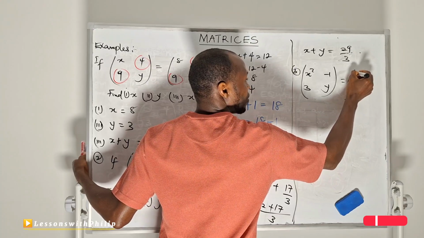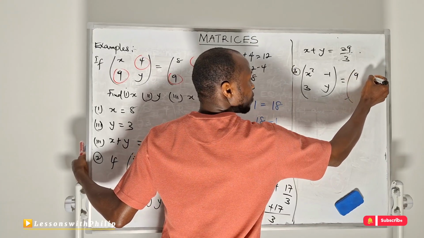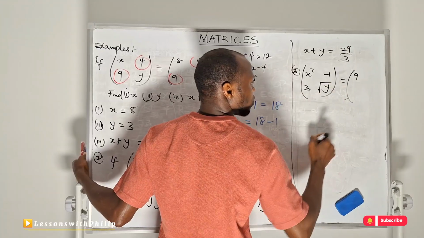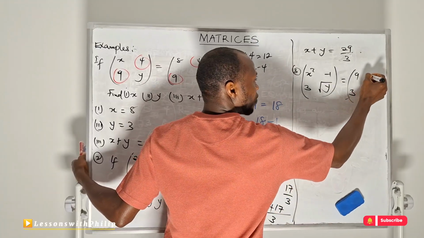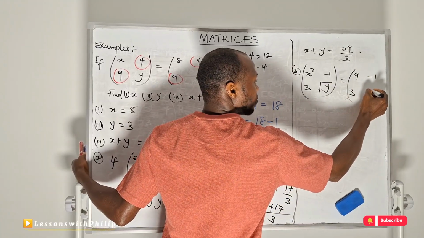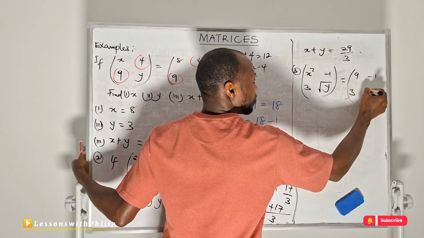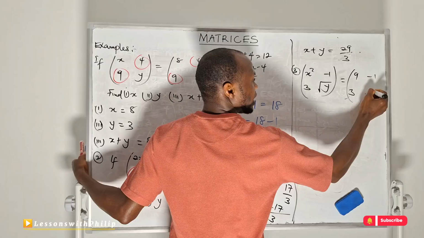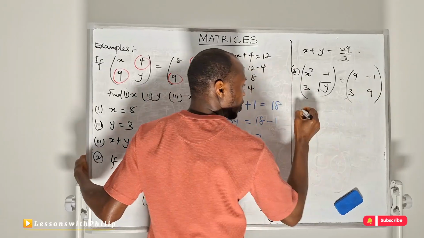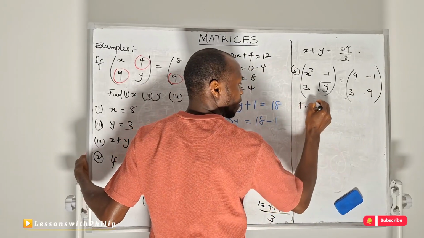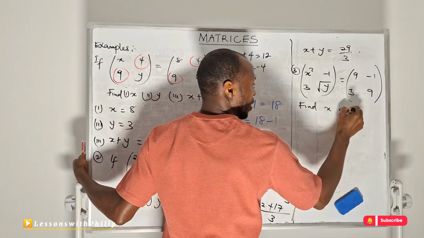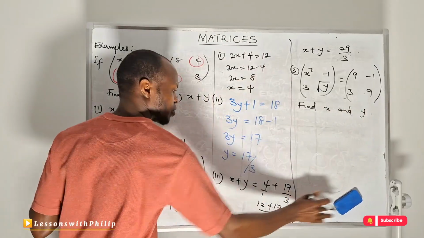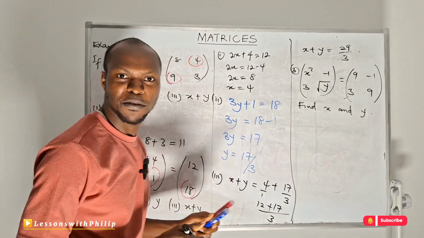Let me make this one square root of y. And we have to find x and y. This is a question. Okay, I've tried to form a question here.